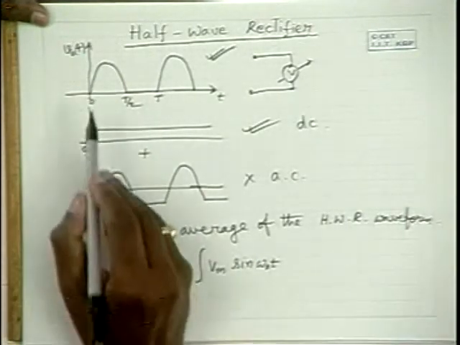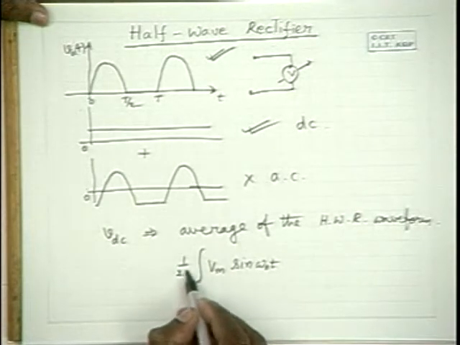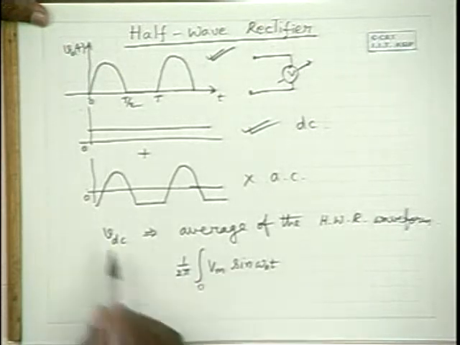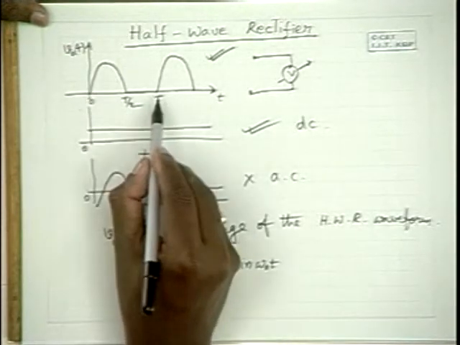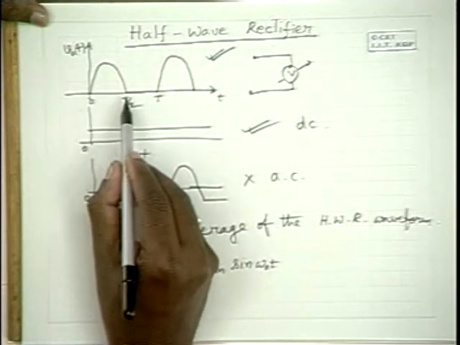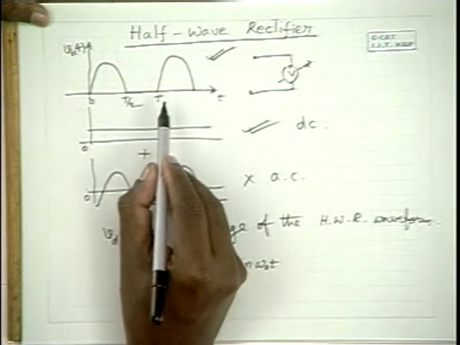So the average of the waveform over one cycle is equal to averaging over 2 pi radians, and the integration of this waveform from 0 to 2 pi radians boils down to an integration from 0 to pi, because from pi to 2 pi the integral is 0.